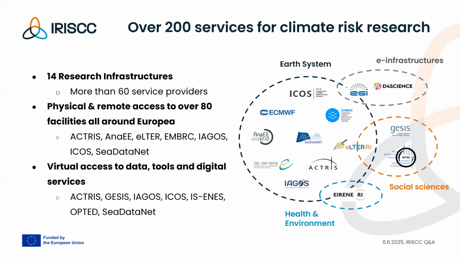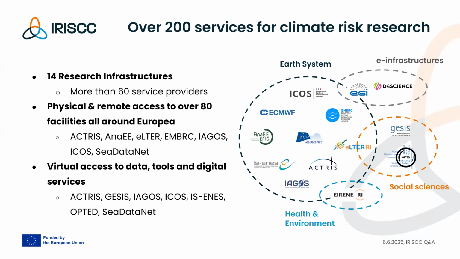These services are offered by different research infrastructures. We have a total of 14 research infrastructures involved in this project. Rosa will tell you more about what these research infrastructures are, but in general, they are EU-level or national research infrastructures. They offer physical and remote access to over 18 facilities all around Europe, and there are also virtual services.